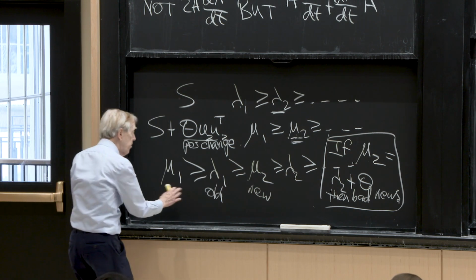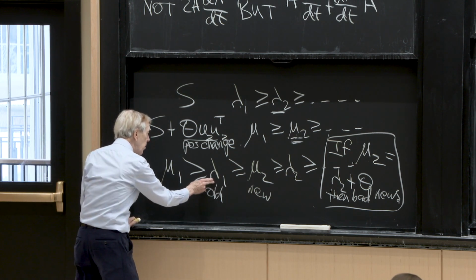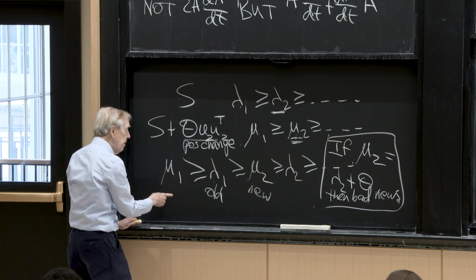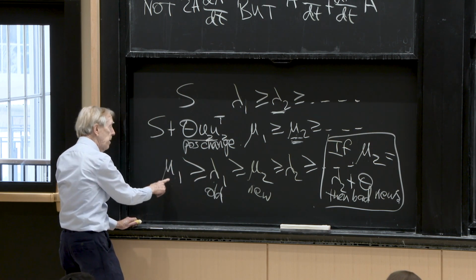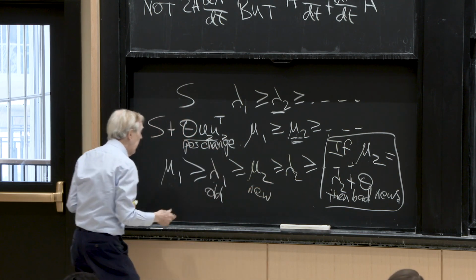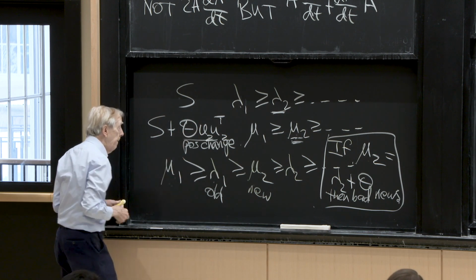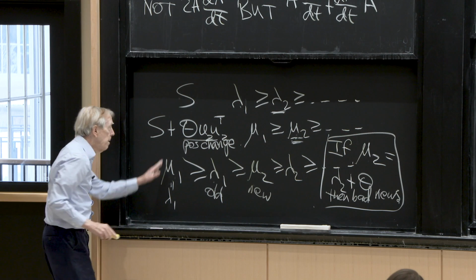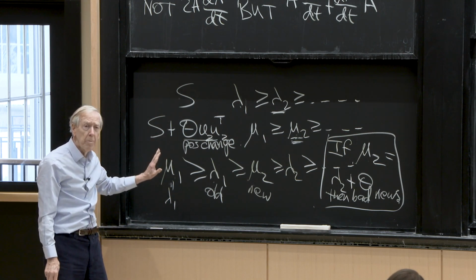This will be totally true. I have no worries about this. The old lambda 1, actually, I'll even have equality here, because for this particular change, it's not affecting lambda 1. So I think mu 1 would be lambda 1 in my hypothetical possibility.